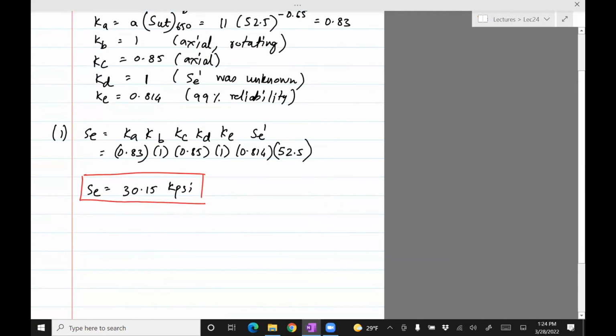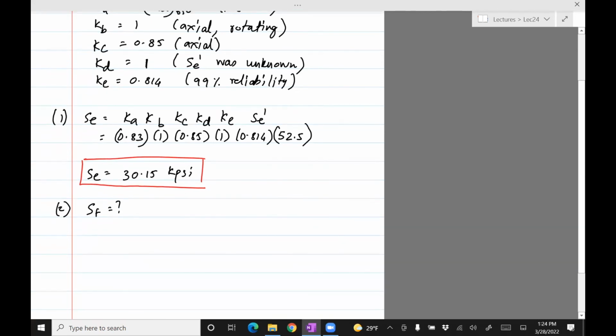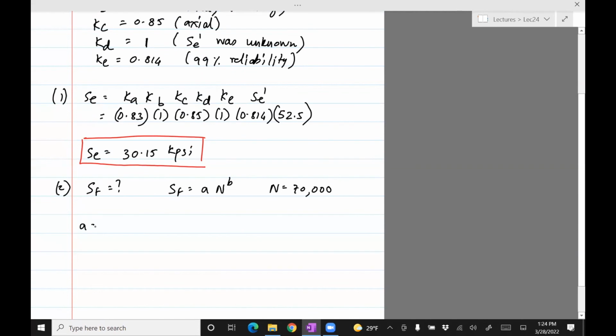Okay, the second one is asking us to compute SF. And we know that SF for finite life is given by the formula A times n raised to B, where n in this case is given to be 70,000 cycles. So we need to figure out A and B. And A and B are given by these formulas.